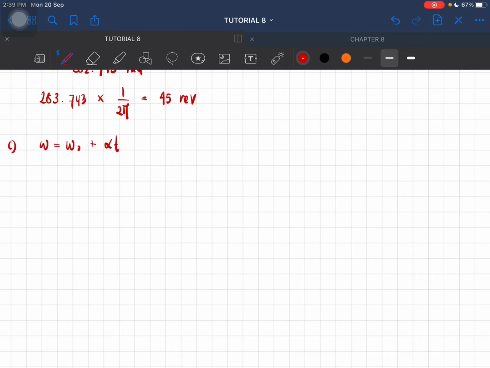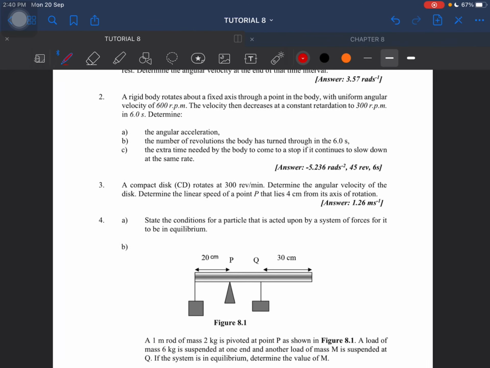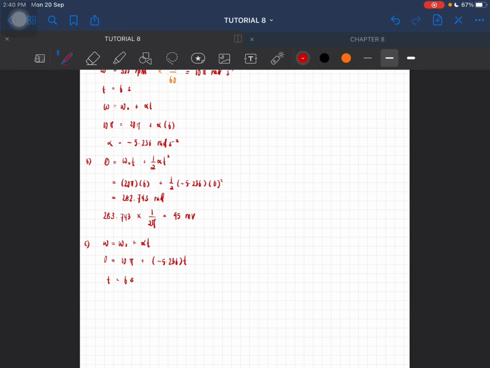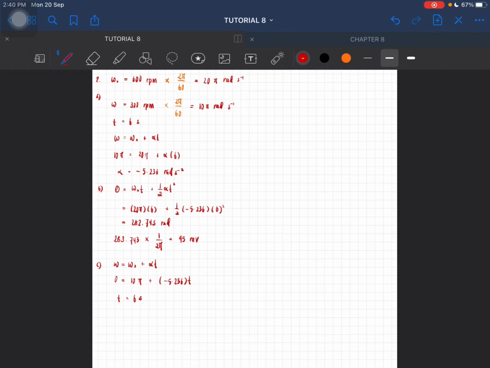It says it comes to a stop and keeps decreasing at the same rate, so we use the angular acceleration from earlier, 5.236, and t is equal to 6 seconds. So it needs another 6 seconds to come to a stop. Okay, right, so that is basically the solution for question number 2.